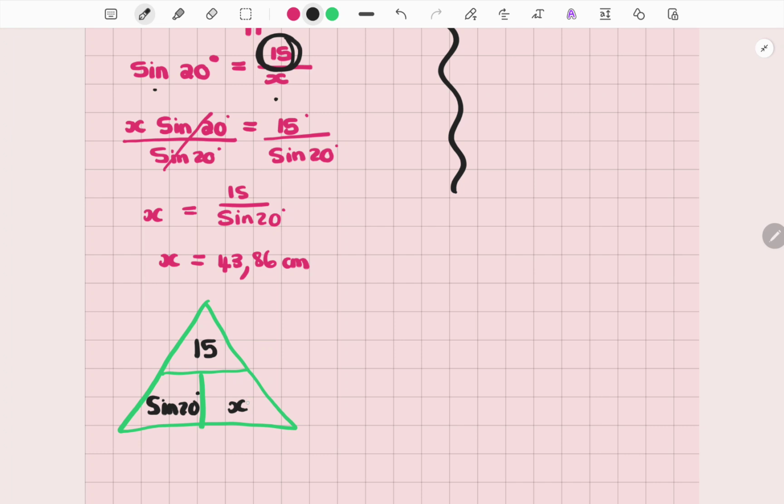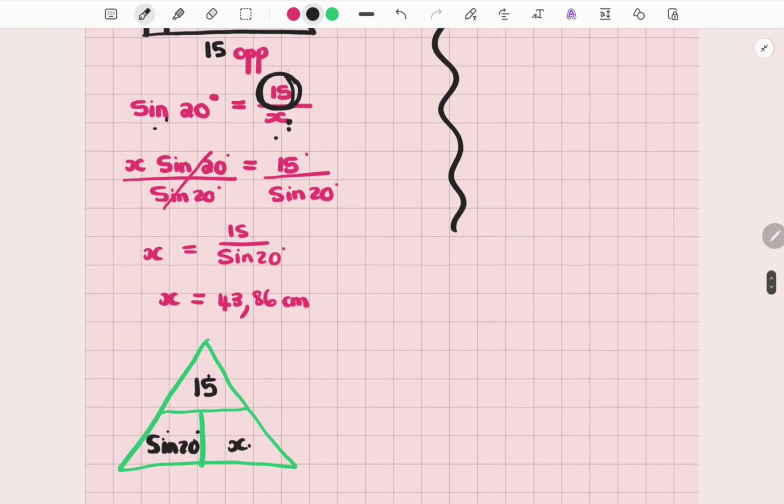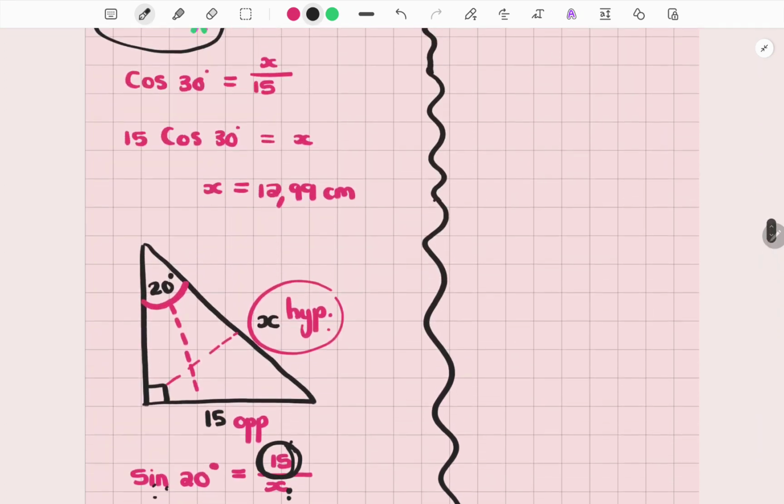And with this, then you can easily see x is equal to 15 divided by sine 20. Okay, use it, don't use it. Later on in your mind's eye, you don't have to draw the triangle anymore because you just realize x is equal to 15 divided by sine 20. If you just want to remember that pattern as well, that's also an option. X is equal to the top divided by the one on the left. All right, so that is scenario 1.